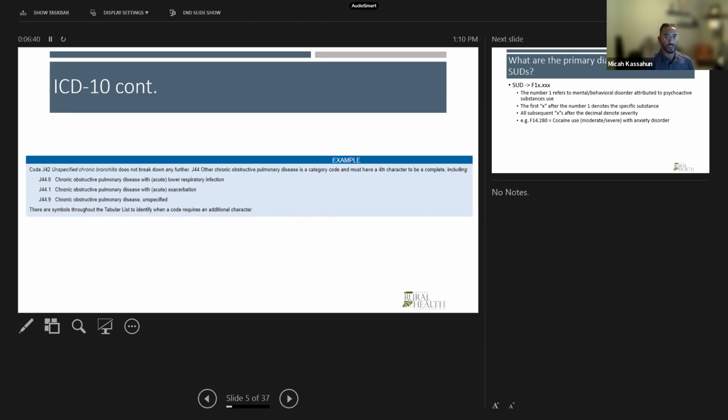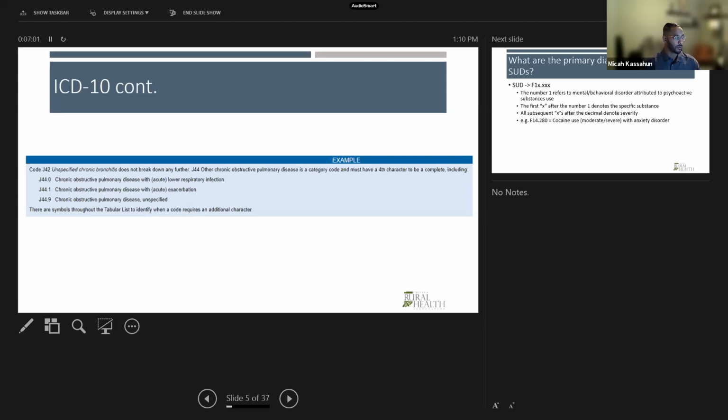It's always important to get the most specific version of the code, because that will help you later in your reimbursement process, so that CMS knows exactly what you're billing for and can view whether the things you're billing for are medically necessary, reasonable, and responsible.